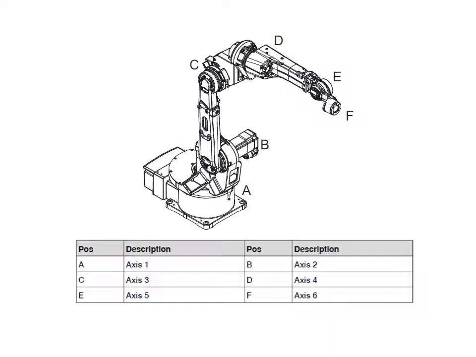Therefore, if you consider the flexibility of this entire mechanism, you can find its work volume. In this table I have mentioned the position and axis of each joint: A is axis 1, B is axis 2, then axis 3, axis 4, axis 5 at joint E, and axis F, because we have to define the axes to consider the rotational and twisting movement at the respective joints.